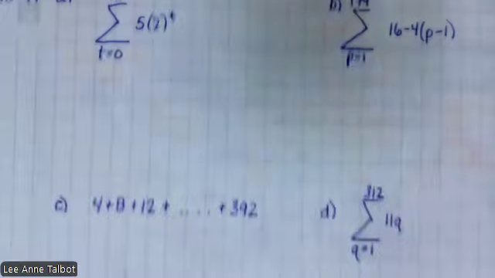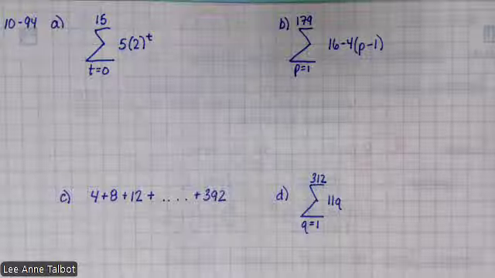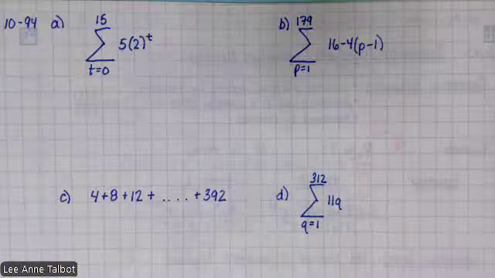Okay, so moving on. What I'd like you to do is write these four down. This one goes to E, by the way, but just starting with these four.